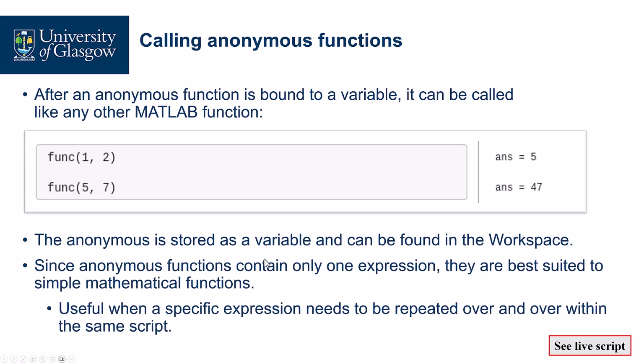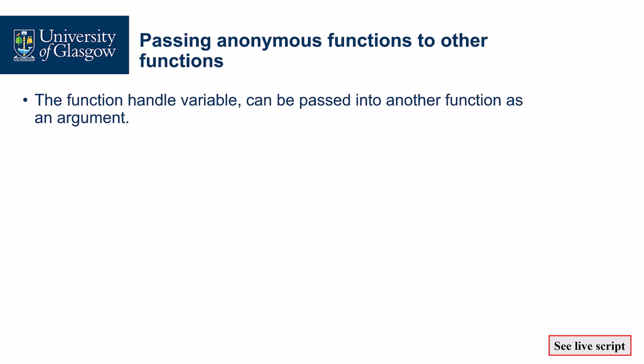This means that we can use this variable repeatedly, over and over again, in the same script. We can either call it, or use it as an input of another function, or use it anywhere in the script. So let's show an example. We put an anonymous function as an input of another function, as you can see here.